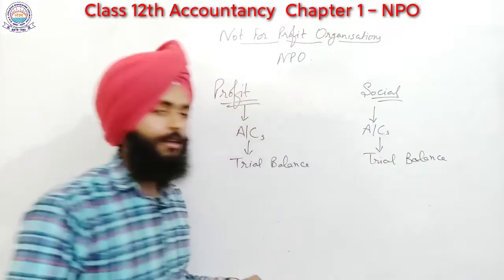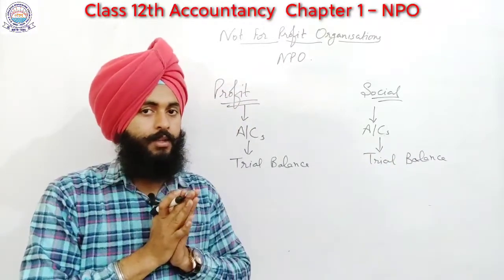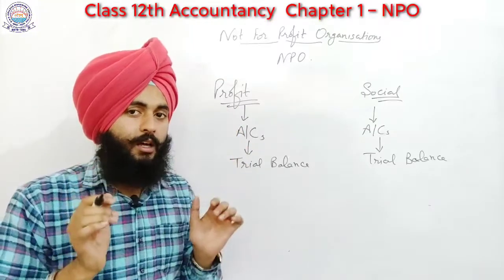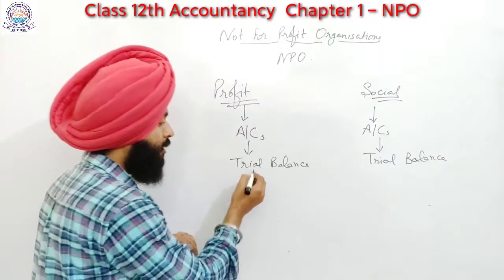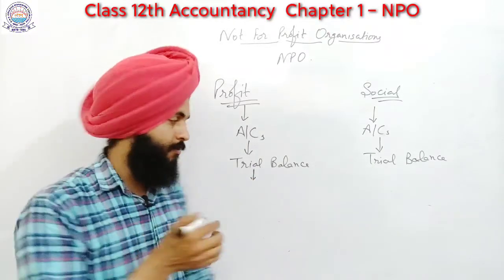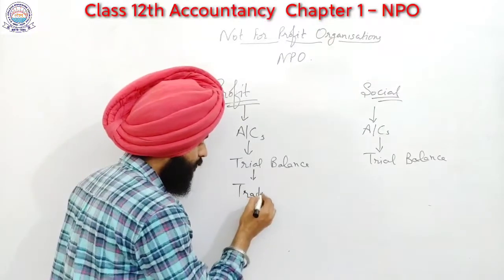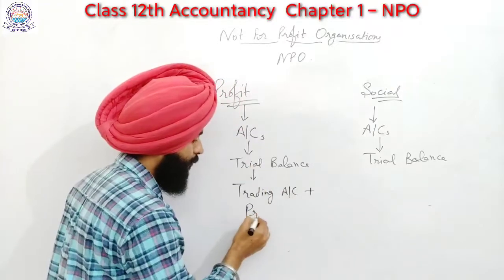Okay, but what after that? We learned in the +1 financial statements, क्या सीखा था? ट्रायल बैलेंस के बाद we make trading account, plus we also make profit and loss account.